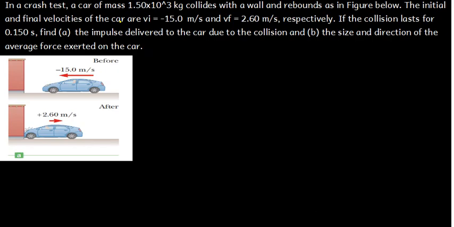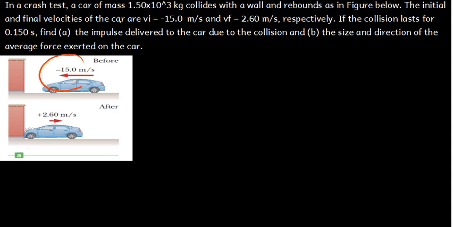So now again we can see that before collision the car was moving due west, and whenever we're talking about momentum and impulse, we're talking about vectors, so the direction matters. In this case the car is moving toward the negative x direction, or toward west, so the velocity is negative.